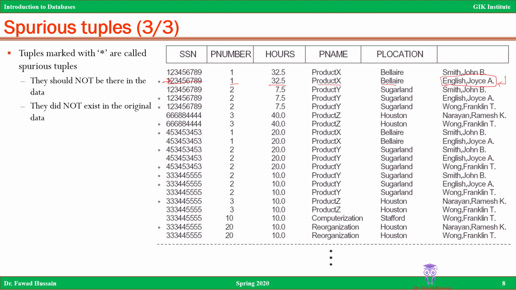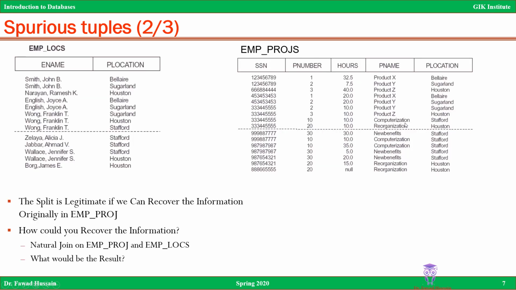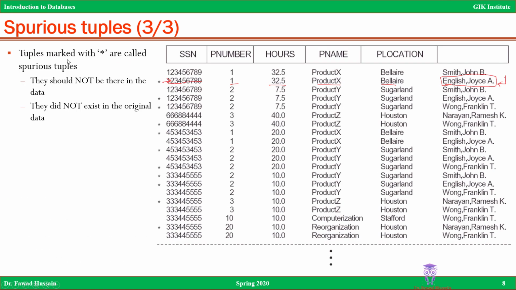The original data before I split it does not contain it. Because it doesn't occur there, this is a bogus, or what we call a spurious tuple, a spurious row. It should not be there. And all these rows that are marked with an asterisk are all spurious rows. It means they should not be there. So this is the problem with a bad splitting.